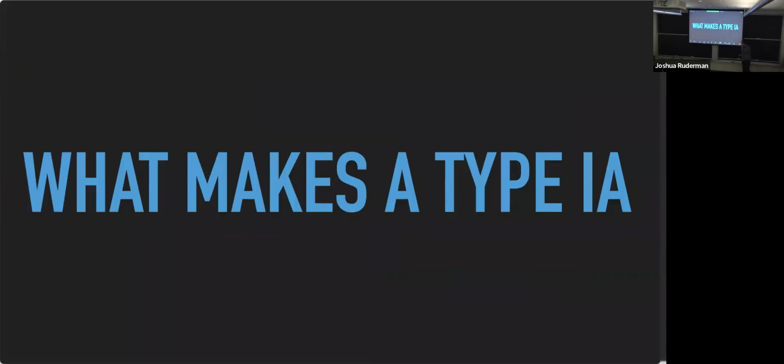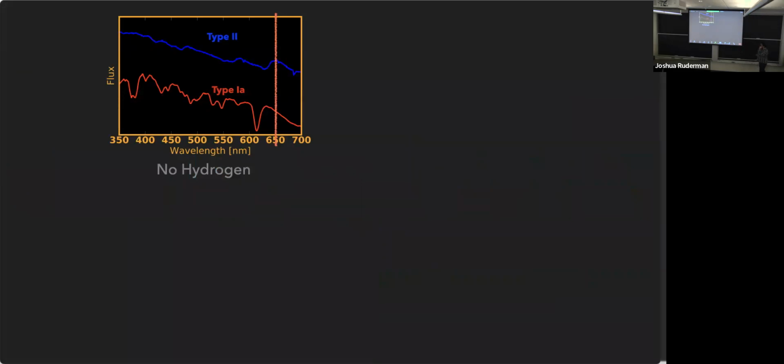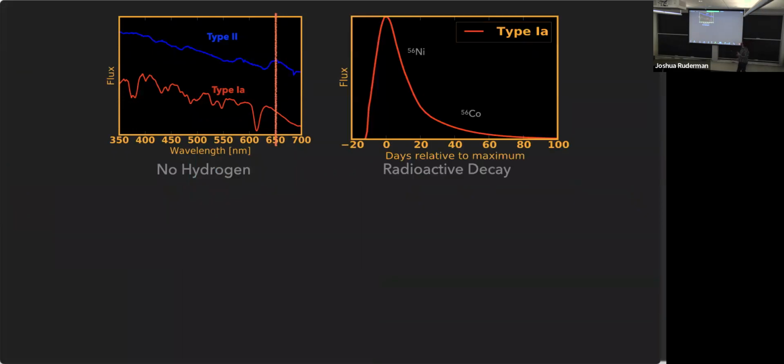So the question is, what makes a type 1a supernova? There are two indicators. The first one is they do not show hydrogen. There are a few things in the universe that do not show hydrogen. The second one is they seemingly are powered by the radioactive decay of nickel 56 and cobalt 56.